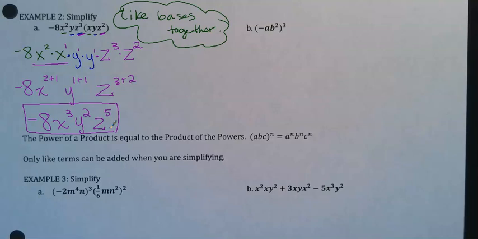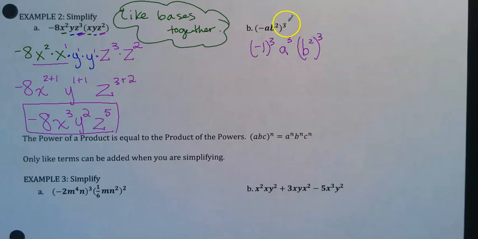Okay, now B is going to be a little bit different. Okay, this is where that associative property comes in, because the cube of the 3 here applies to every single part that's inside here. So the negative, well, that's negative 1 cubed times a cubed times b squared. That quantity is cubed.